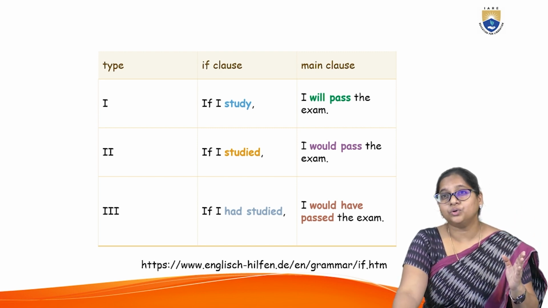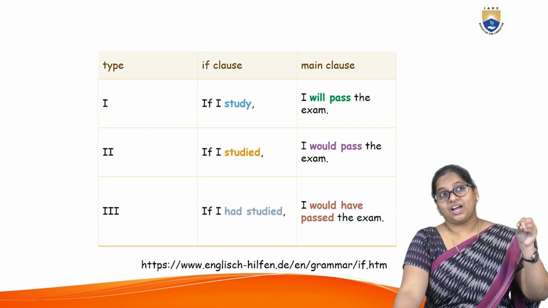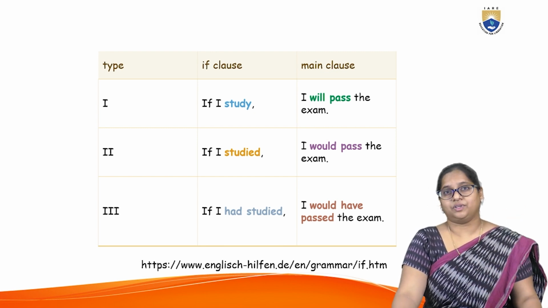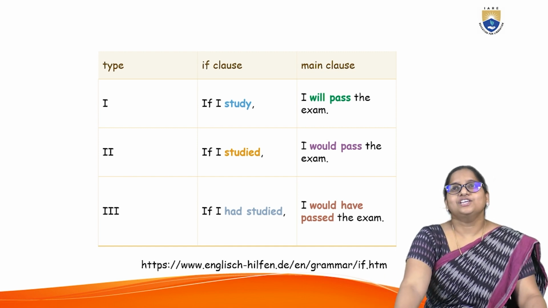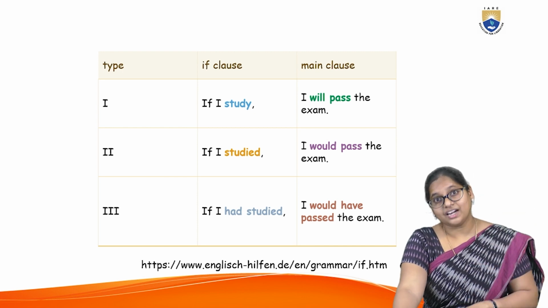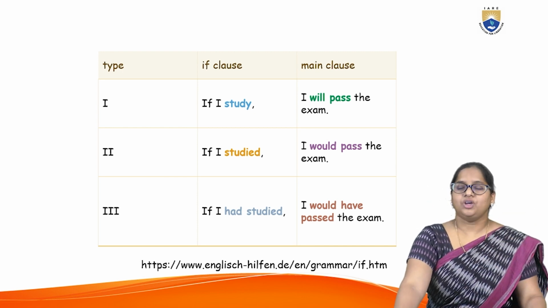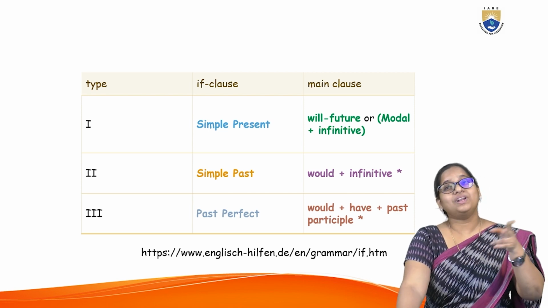What is condition 2? In theory, if that is there, then it would happen, but we do not know whether it is true or not. That is the sense. Let us take the example: if I studied, I would pass the exam. What is the structure? Condition 2 is simple past plus would plus infinitive.